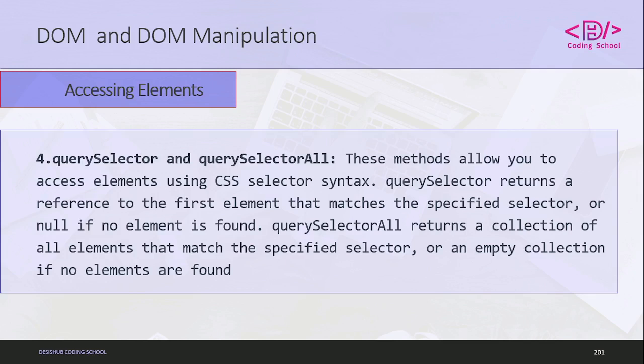These methods allow you to access elements using CSS selector syntax. That is the best part of it. That's why most people use them. It is the way we write our CSS is the same way we write here in the query selector methods. That is the most important thing why we normally use the query selector.